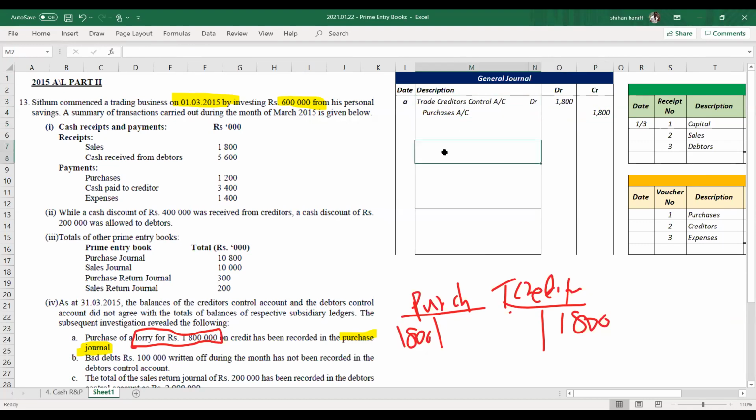This is the removal, removing from the purchases.